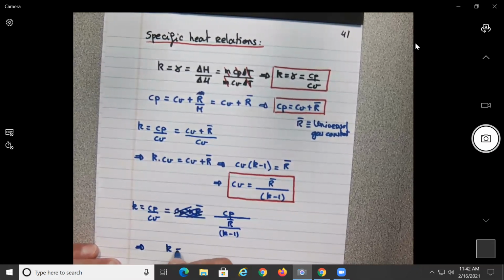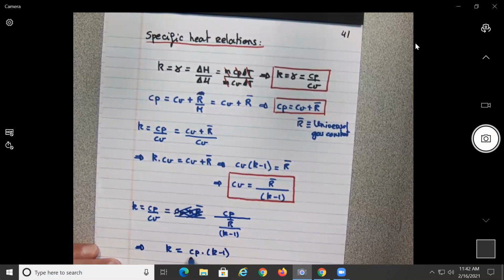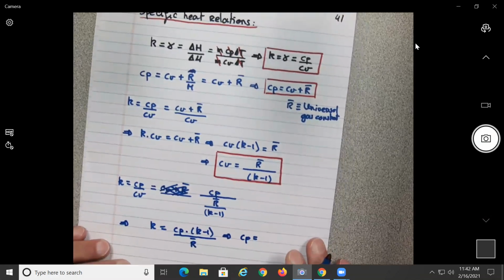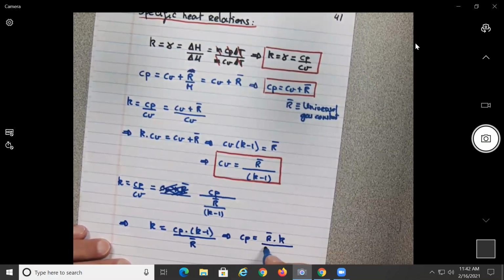So it would be K equal to C sub P, K minus 1 divided by R bar, which will give you that C sub P is equal to R bar K divided by K minus 1.